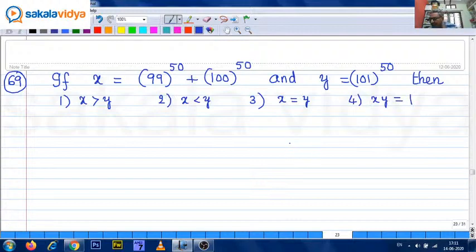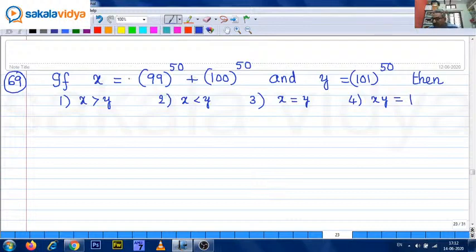This is the question. It's a very important problem. Now we need to establish the relation between x and y with the help of this question. This session is meant for EAMCET 2020. We need to find out the relationship between x and y.